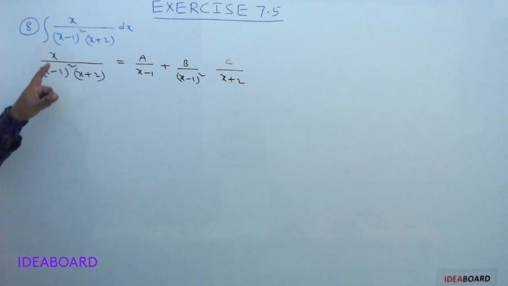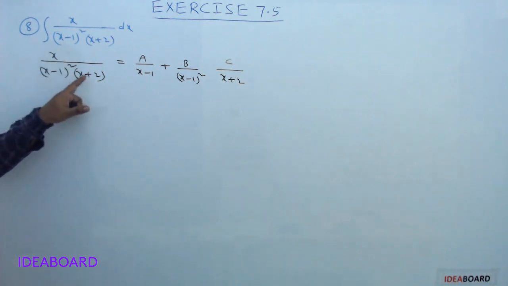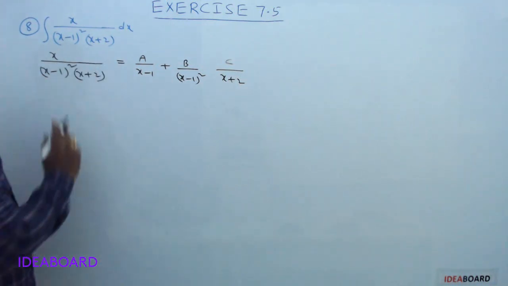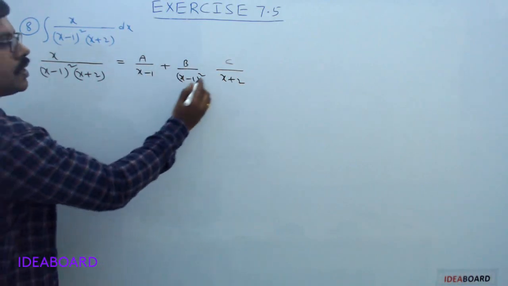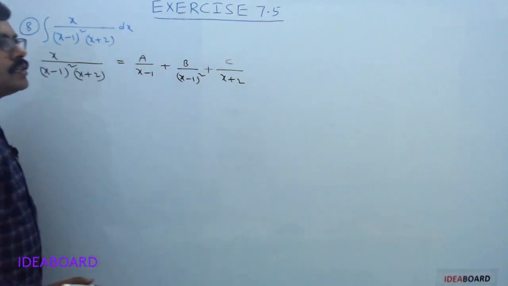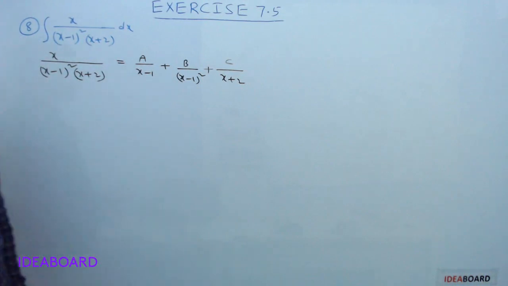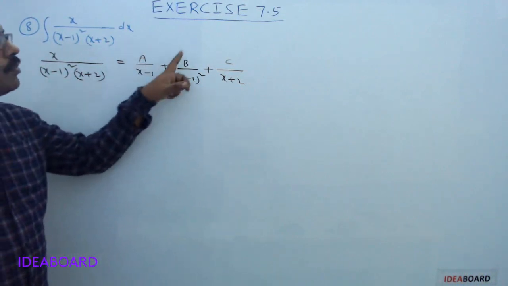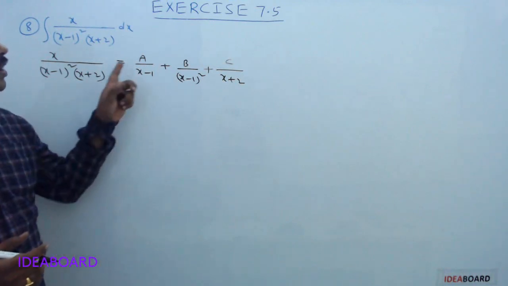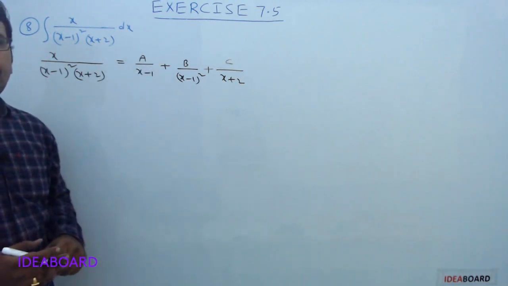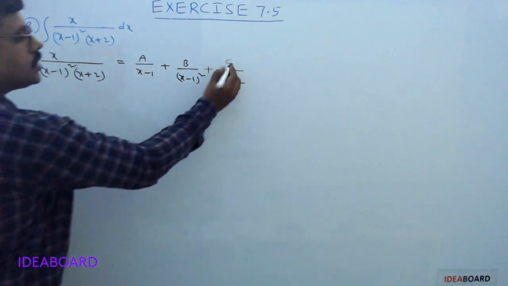So x divided by x minus 1 whole square into x plus 2 can be taken as a by x minus 1 plus b by x minus 1 whole square plus c divided by x plus 2. Here a, b and c are the unknown values. Now find out the values of a, b and c. Now take the LCM.